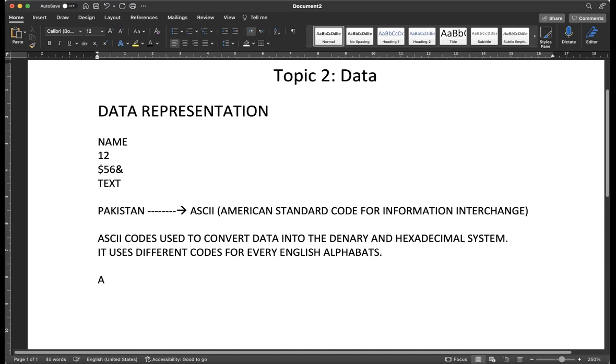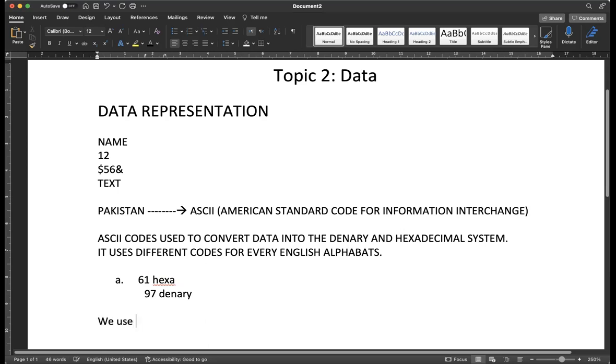Like small a, it is using 61 for hexa and 97 for denary. 61 for hexa and 97 for denary.